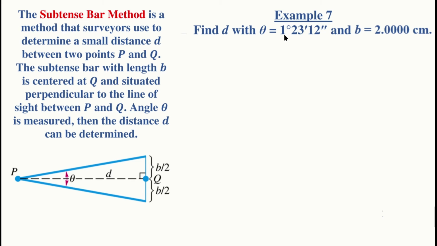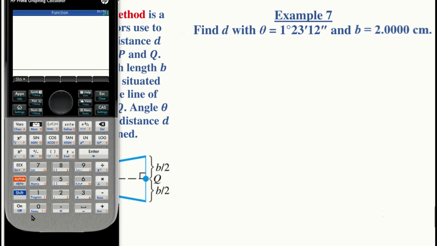All right, so let's go ahead and convert that angle to a pure degree measure for simplicity. So we do 1 plus 23 over 60 plus 12 over, oh, actually, we want to get out of there. So we need to hit the right arrow, plus 12 over 3600.